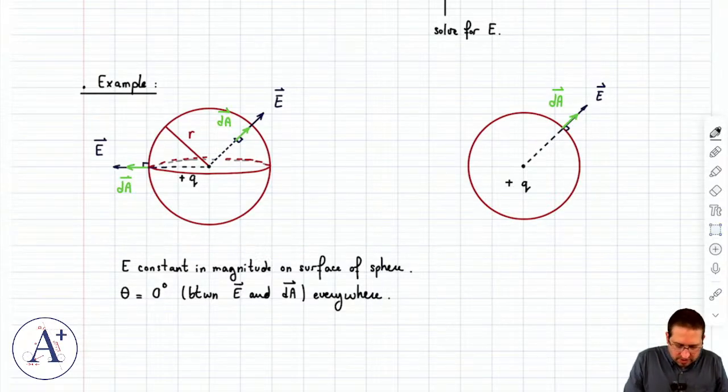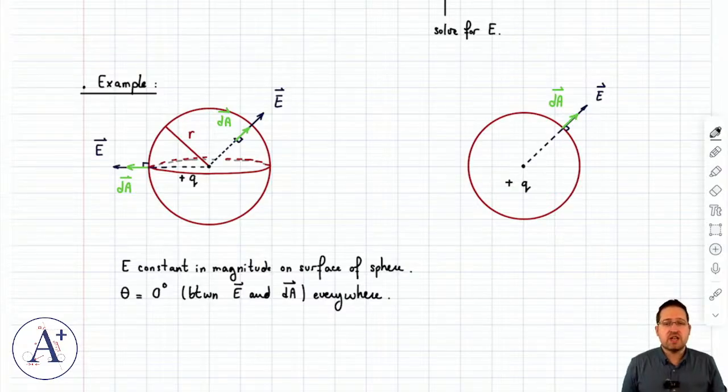Now, to address the elephant in the room, it's like, no, but okay, hold on. What is this sphere? Why is there a sphere? Does it exist? Does it not exist? And that's a fair question. It's the most confusing part about Gauss's law. The sphere that I drew is a mathematical abstraction. Yes, it is a sphere that I place onto the problem because it is the right choice given the symmetry of the electric field, to then evaluate flux through the sphere and eventually get the magnitude of the electric field.